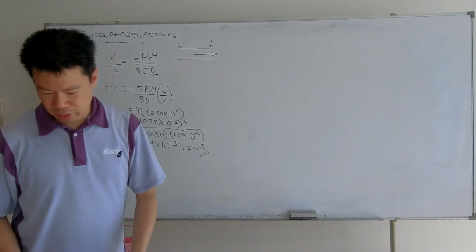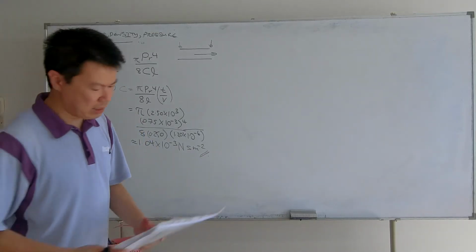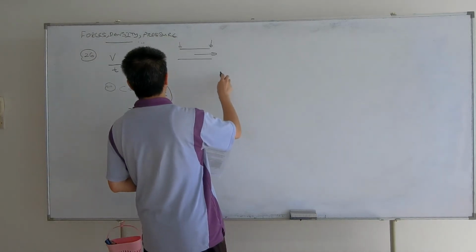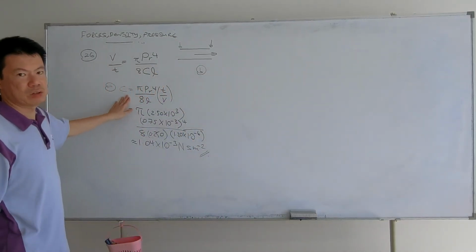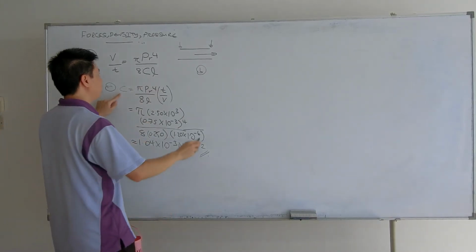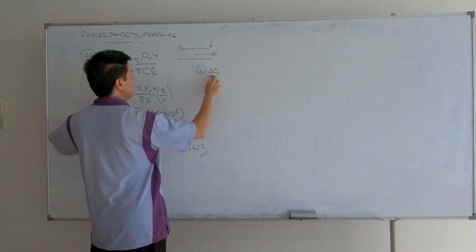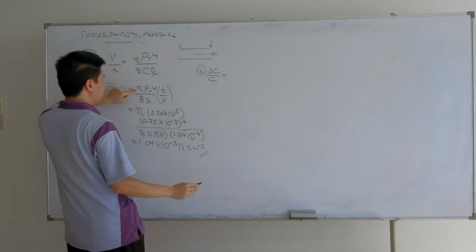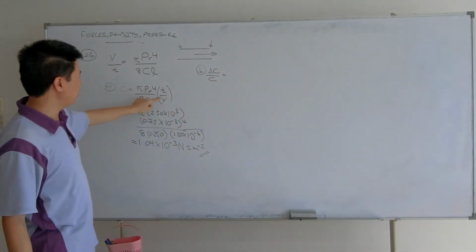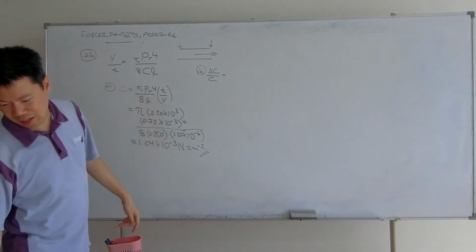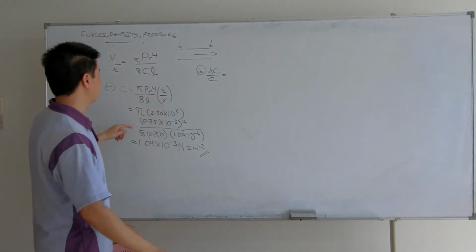Next question, we have to calculate the uncertainty in C. The uncertainty in C is quite easy. We have the equation here already, so we just need to write the uncertainty equation. Delta C over C is equal to: P, R, L, and V over T have uncertainties as seen in the table.